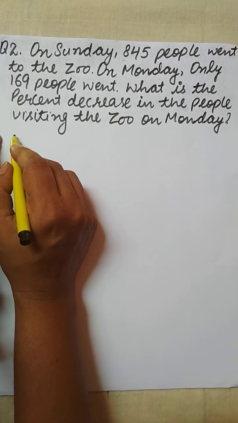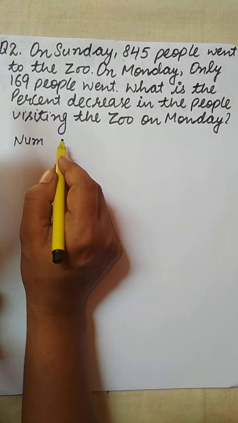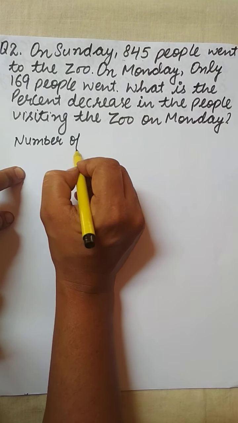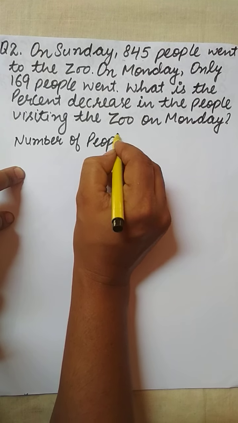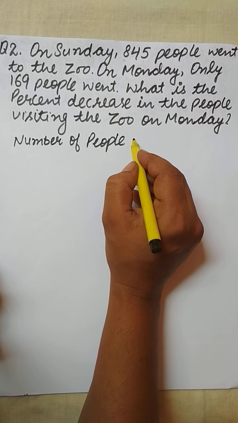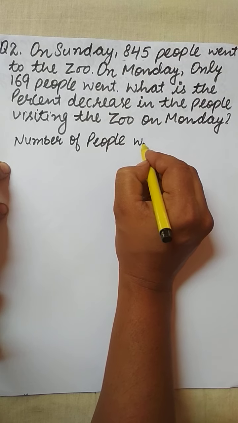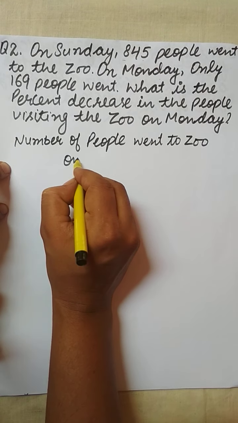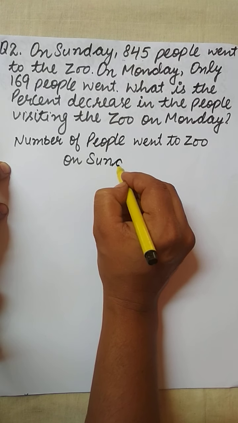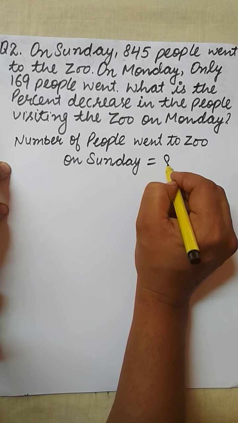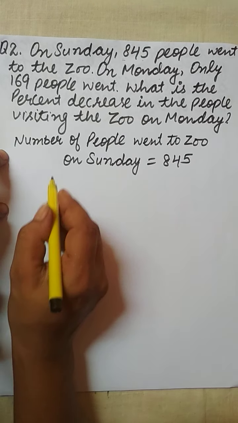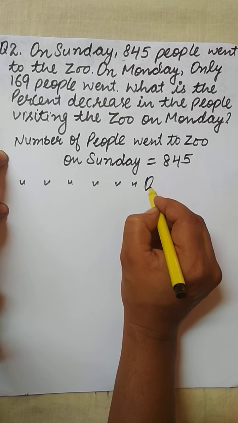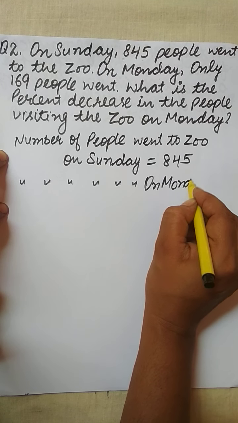So I'll write: number of people who went to the zoo on Sunday is equal to 845. Number of people who went to the zoo on Monday.